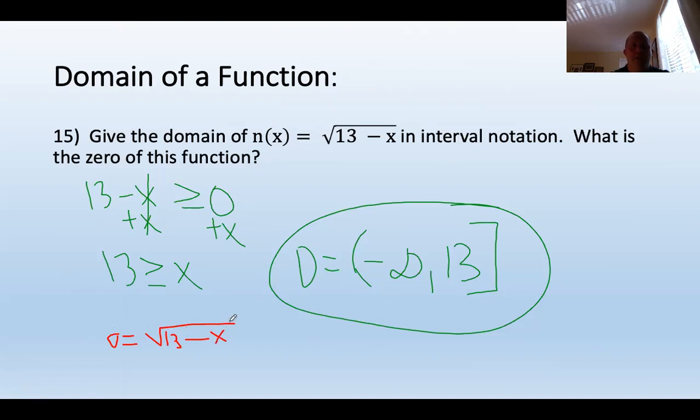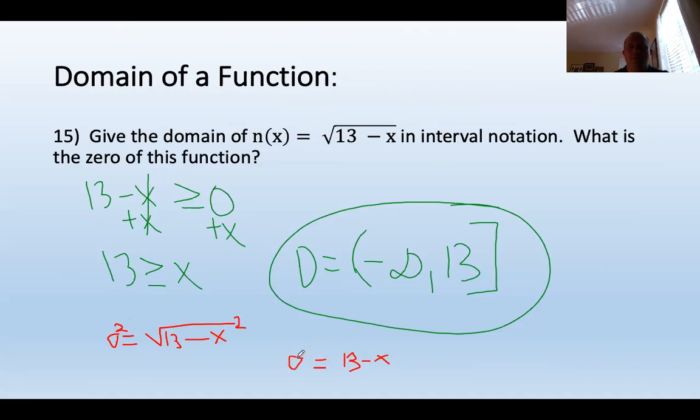Really, to cancel out a square root, I would square each side. So that would get rid of the square root, and you would have 13 minus x equals 0, because 0 squared on the left side is just 0.